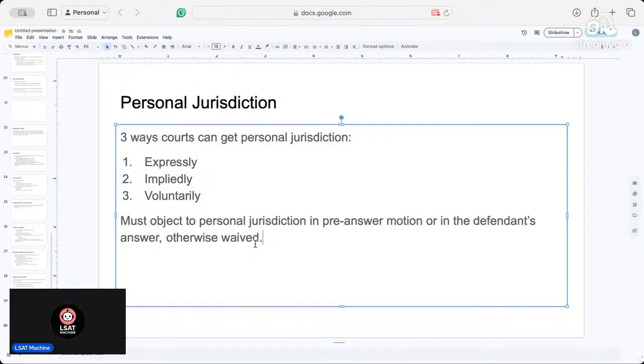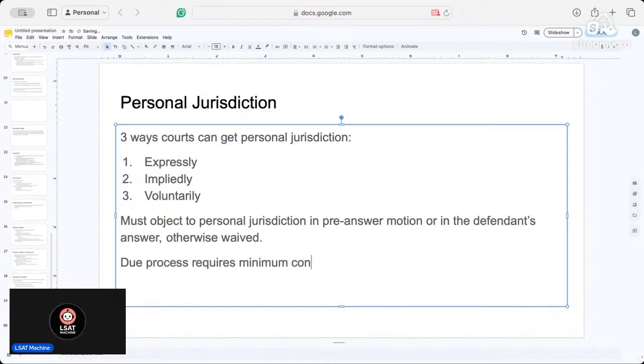Now, when would a court have personal jurisdiction? This comes under the due process clause of the Constitution. Due process requires minimum contacts.